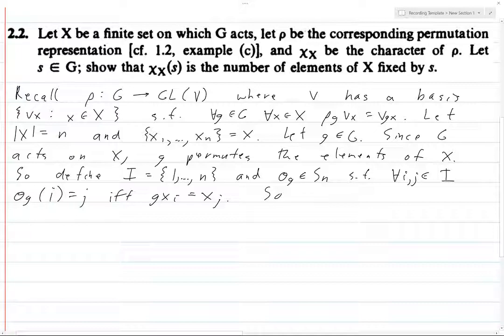So then rho g of Vxi is precisely Vxj, because rho g of Vxi will be V of g xi, but g xi we know is xj.